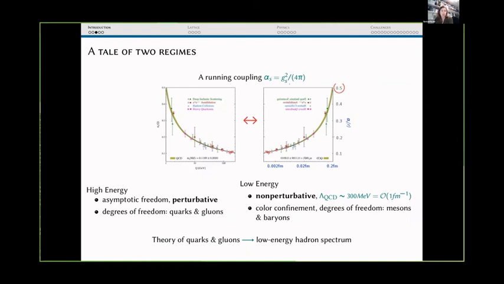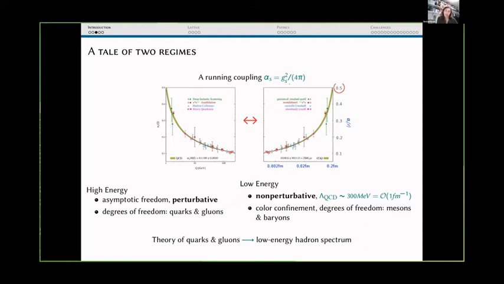So just by way of reminding you, you can think about QCD, of course, as having two rather distinct regimes in some sense. So at high energies the theory is perturbative and the quarks and gluons, the degrees of freedom, are essentially free. And as the coupling runs at low energies, the theory becomes non-perturbative.